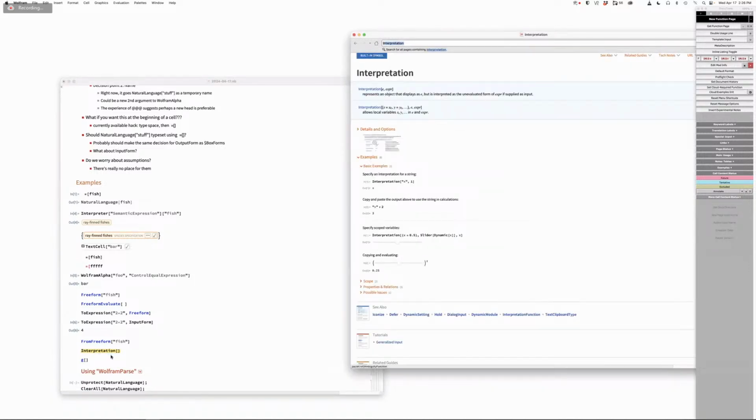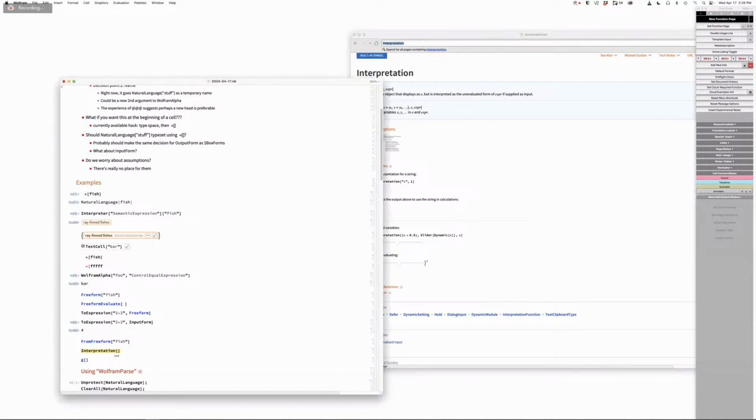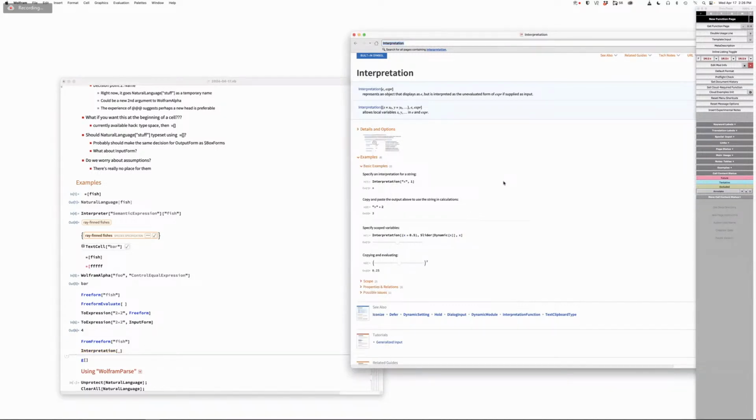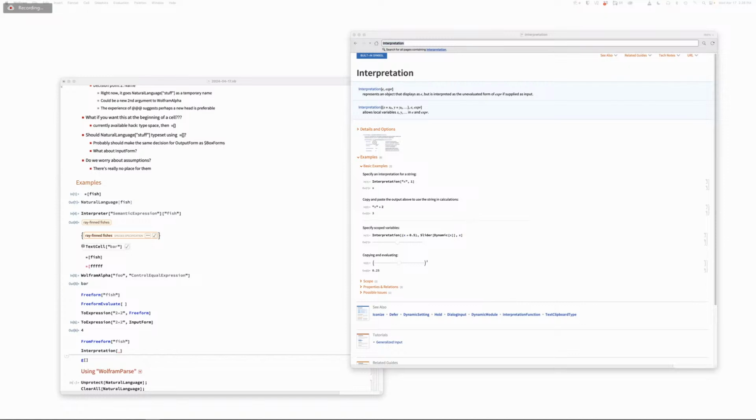What about freeform interpretation? Doesn't interpretation have a different interpretation, so to speak? Well, yes, interpretation on its own, but I suppose if we could call it freeform interpreter, right? But we have this problem with interpreter versus interpretation. Interpretation is a noun which says, I am giving you an interpretation.